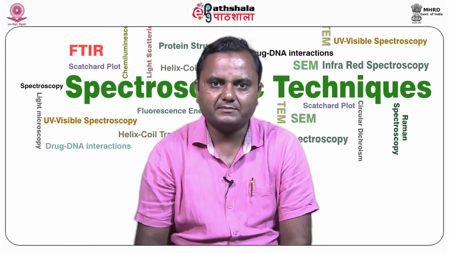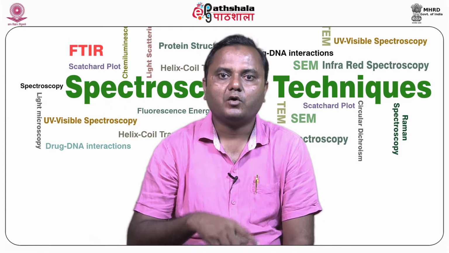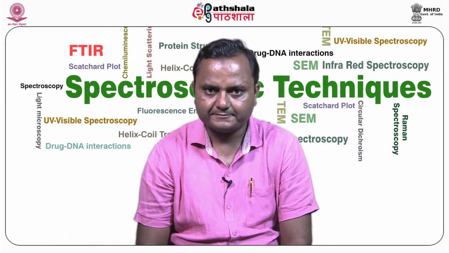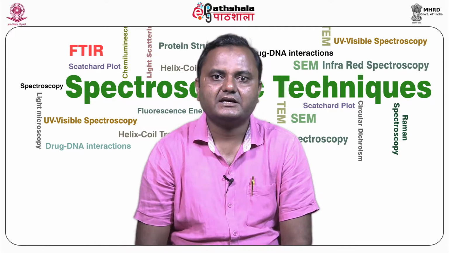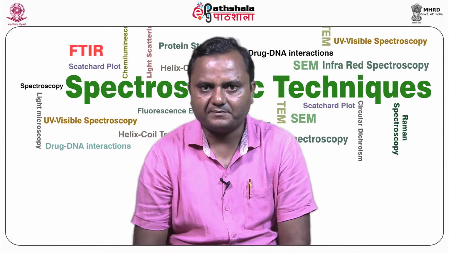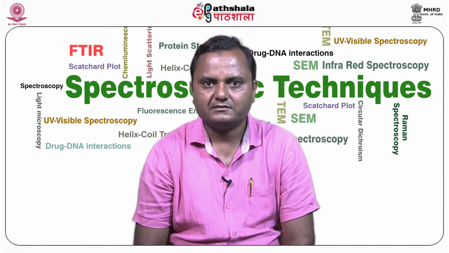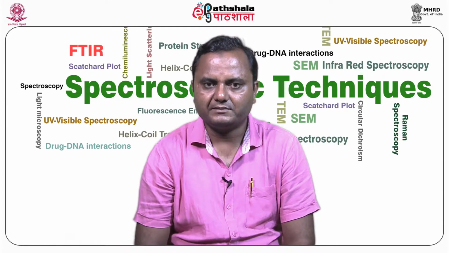DLS implies measurement in a time series and averaging over very short time intervals, typically 100 nanoseconds. SLS measures the structural characteristics of the sample, but DLS measures the diffusion of the sample, which is simply based on the Brownian motion of the particles.